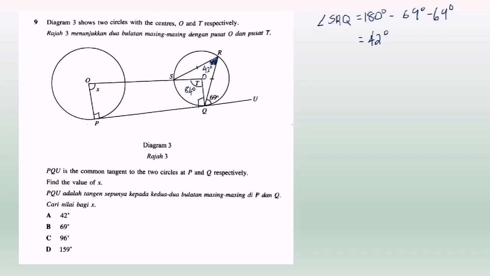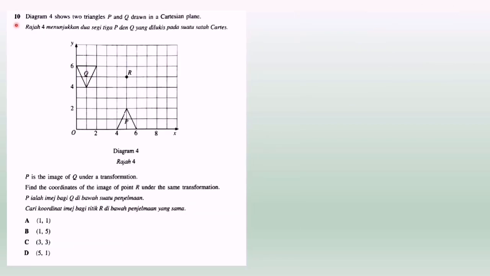Because of this, you can find the value of S. The value of S equals 360 minus 90 degrees minus 90 degrees minus 84 degrees. So S equals 96 degrees. So the answer is C.